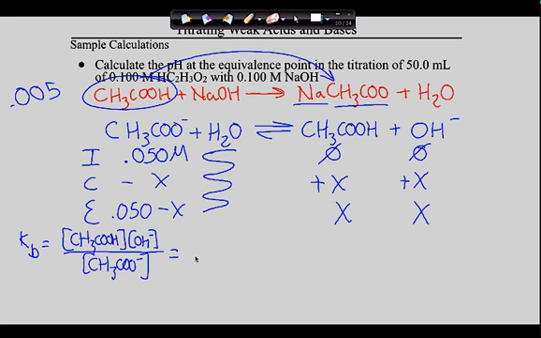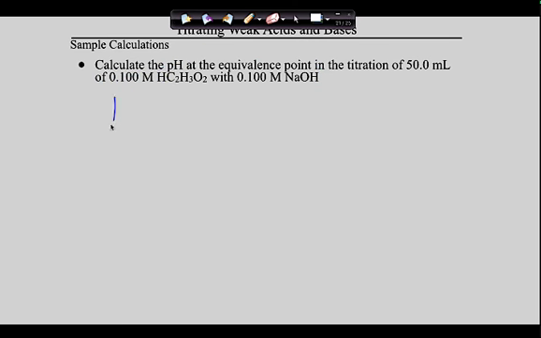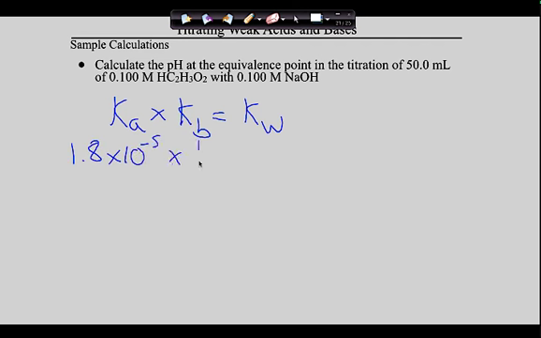They're not going to give it to us. Why not? Because they gave us the Ka of acetic acid. So now we're going to have to do another side calculation that says Ka times Kb is equal to Kw. Ka is 1.8 times 10 to the negative fifth times Kb is equal to 1 times 10 to the negative 14th. And we can figure out Kb.